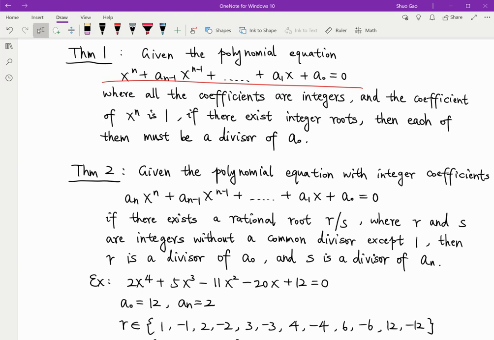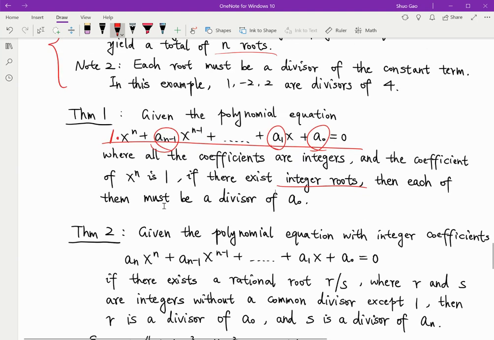Given this kind of polynomial equation, where all the coefficients are integers, so that means that all the a's here, these are called coefficients, are integers, right? And the coefficient of x to the n is 1. So here we have 1 times x to the n. And if there exist integer roots, then each of them must be a divisor of a0.